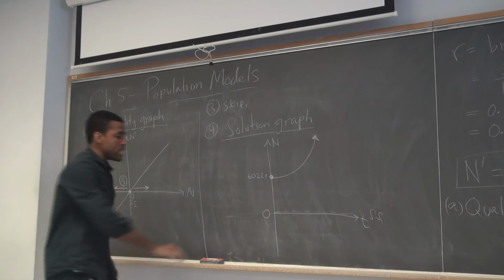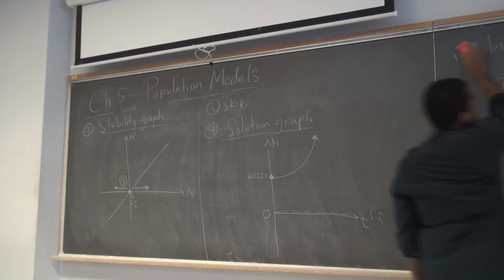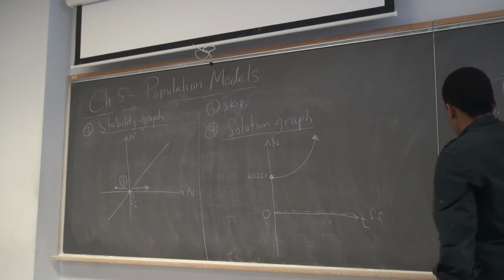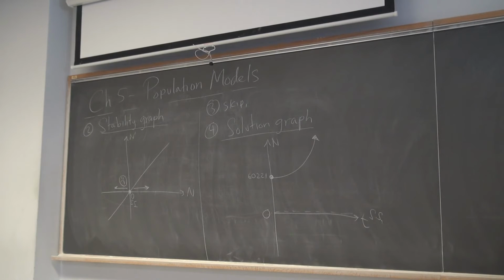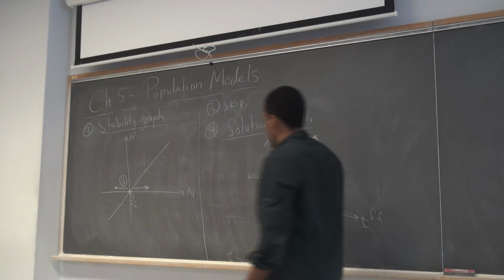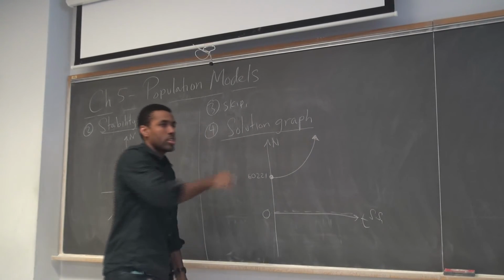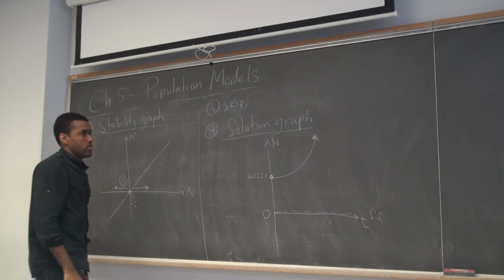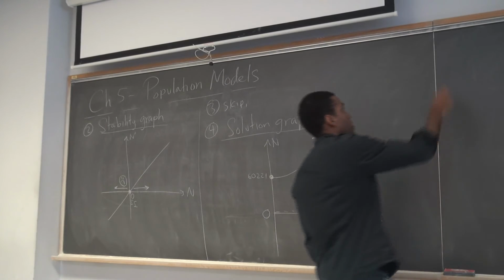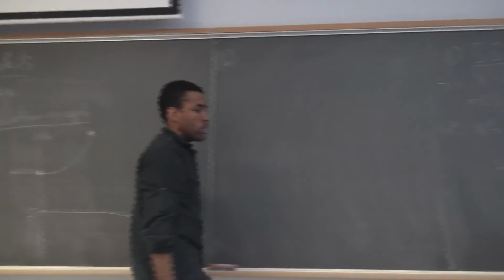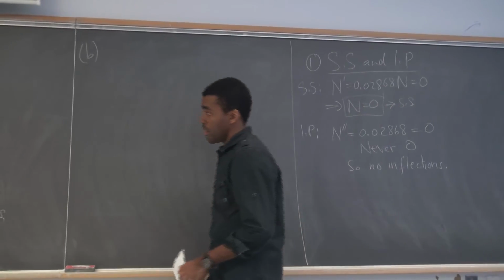So now in part B, we're asked to find an equation that describes the population. So we've done the qualitative methods, we sort of see what's going to happen, but can you tell me a specific equation for this? What is the actual curve that we just drew there?